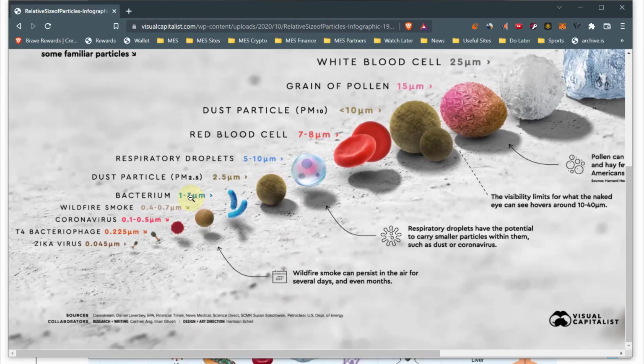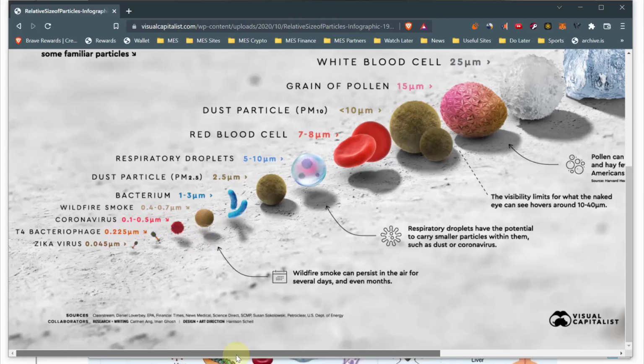Now you have bacterium, which is 1 to 3 micrometers. Bacteria are very, very small. Then wildfire smoke can be 0.4 to 0.7 micrometers, so smaller than bacteria. Note over here, wildfire smoke can persist in the air for several days and even months. Interesting. The next one is coronavirus at 0.1 to 0.5 micrometers, smaller than wildfire smoke.